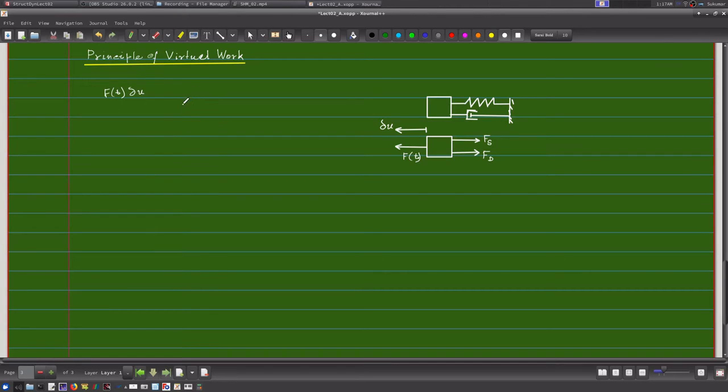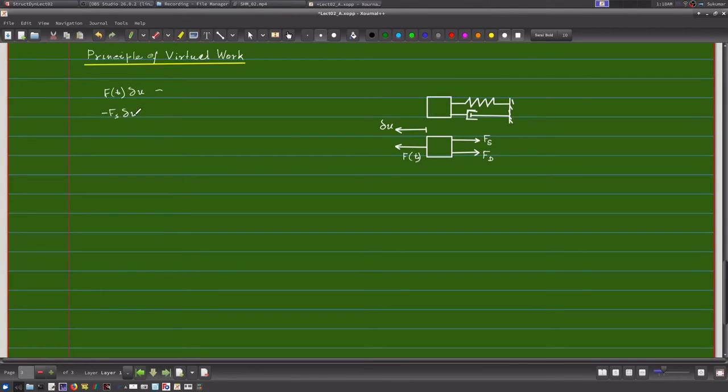Then I have another virtual work done, which is the virtual work done by the spring force, and that is given by minus Fs times delta u.